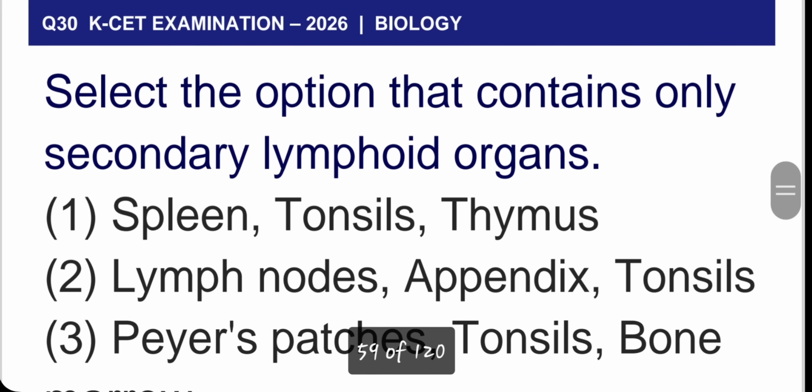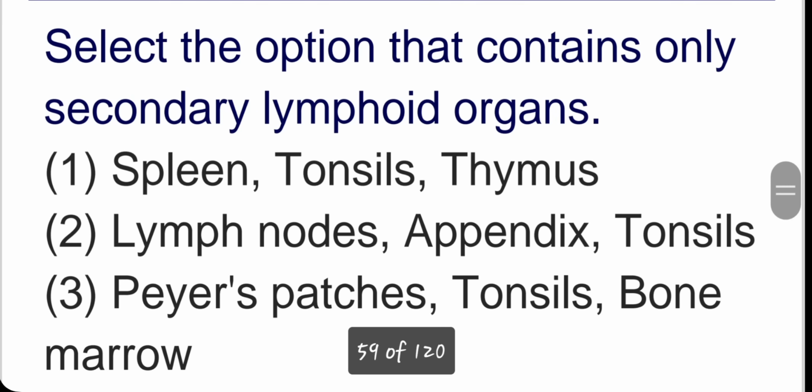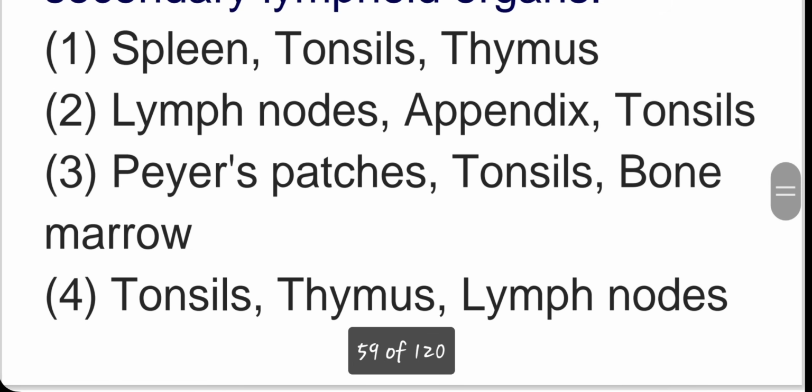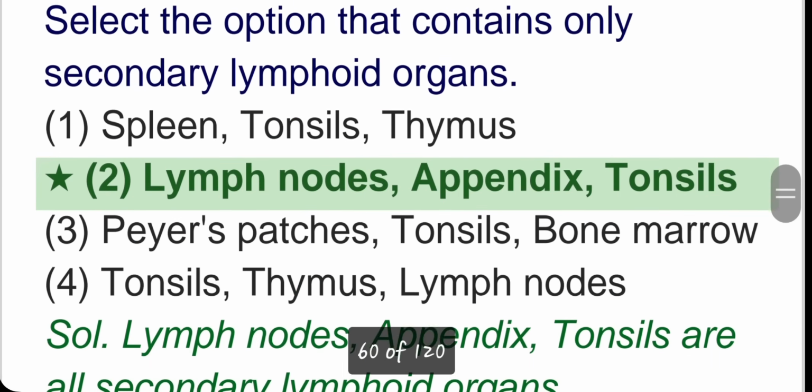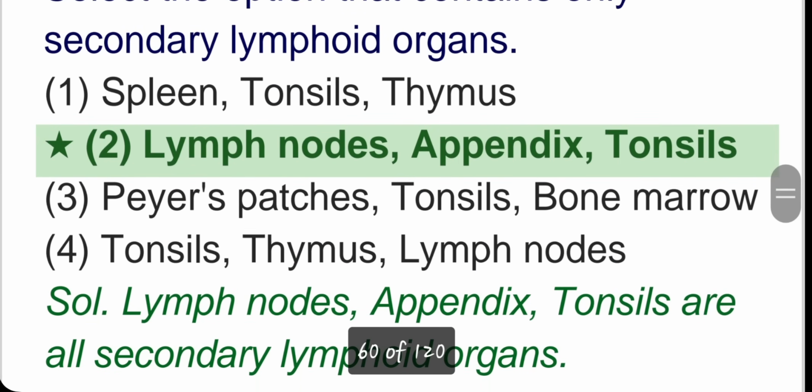Select the option that contains only secondary lymphoid organs. Primary lymphoid organs are where cells mature, and secondary lymphoid organs are where they further proceed. So the answer seems to be the second one. Lymph nodes, appendix, tonsils are all secondary lymphoid organs.